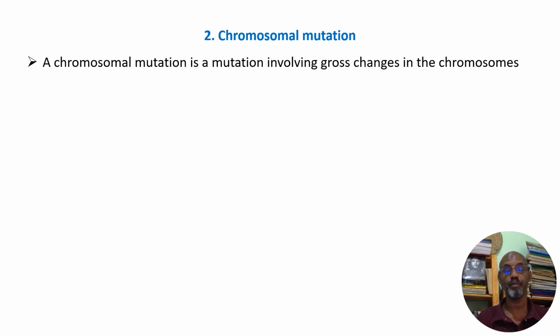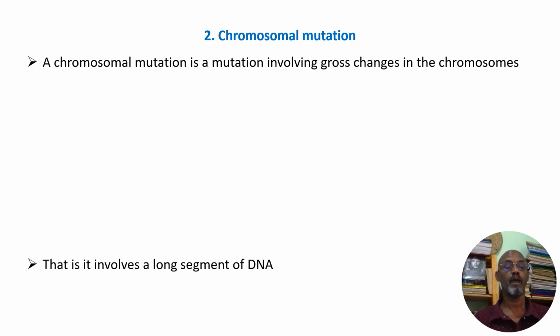Histone proteins are special types of globular proteins on which DNA is wrapped, so that it is kept organized, especially during cell division. Therefore, the whole change, the DNA plus histone proteins as a whole, is what we call chromosomal mutation.